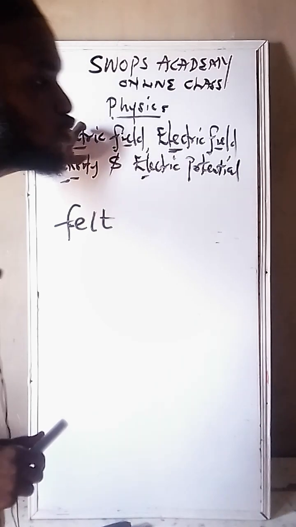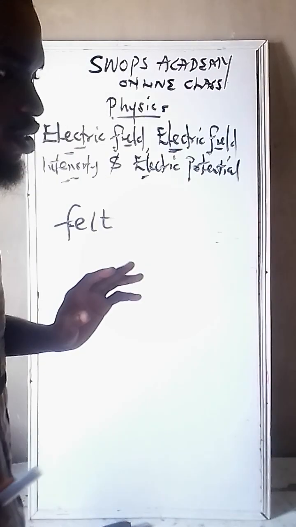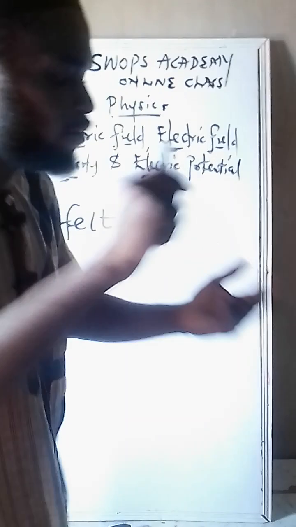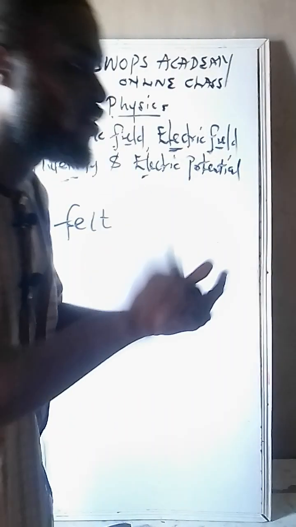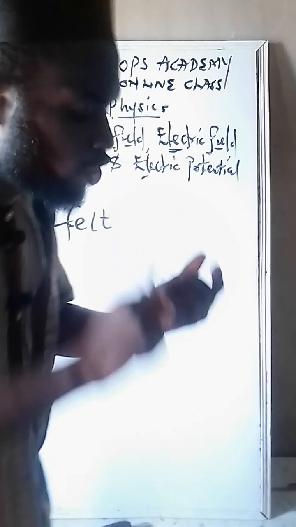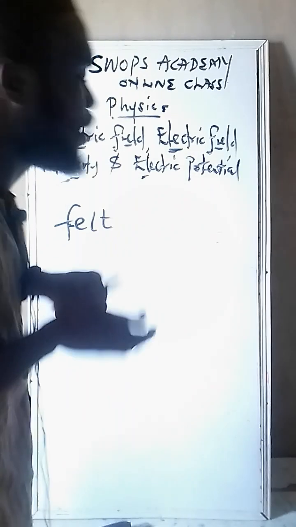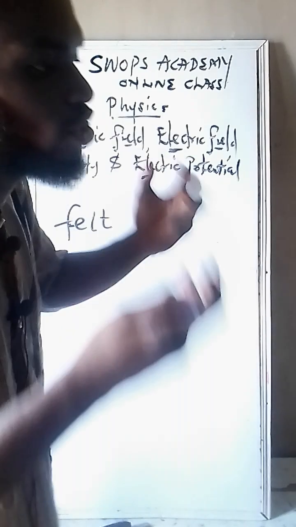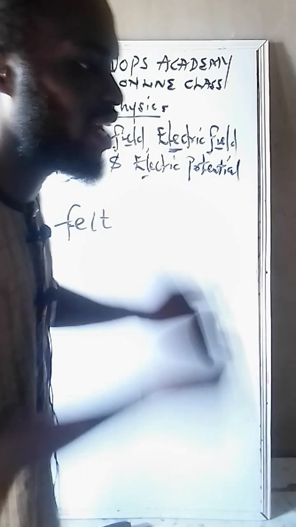Now we have different types of field. I'm doing the recap. We have electric field, we have magnetic field, we have gravitational field. But what we are going to be treating today is electric field. So when I say electric field, you know what should come to your mind? We are saying something on electricity, electric current.